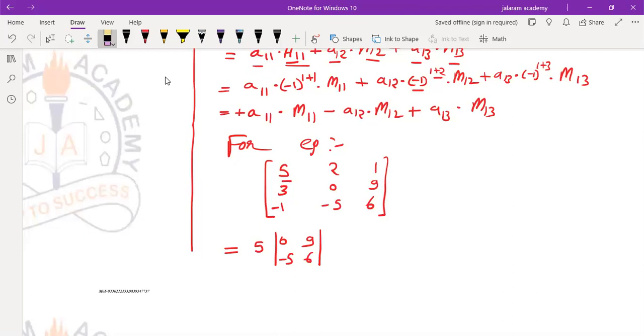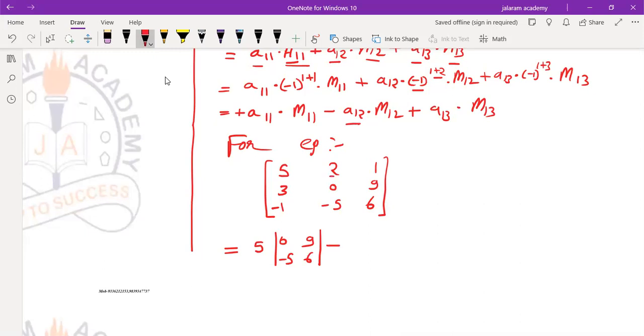Okay, 5 into the minor of first row, first column, which is obtained by deleting first row and first column. Then alternate: after plus, there will be minus.